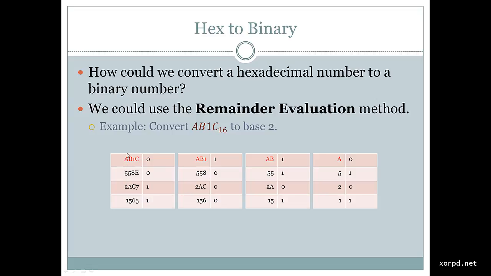So I marked in red the first number in every such table, and we can see something interesting here. The original number is AB1C. And it seems like the next one is just the original number when we omit the last digit, the last hex digit.